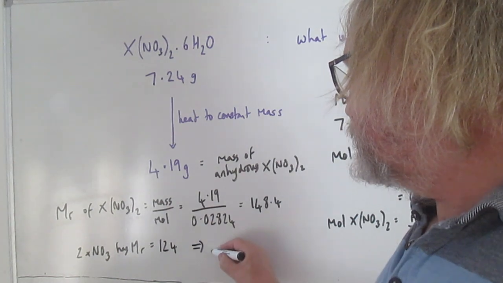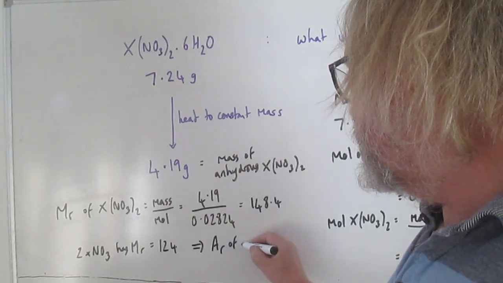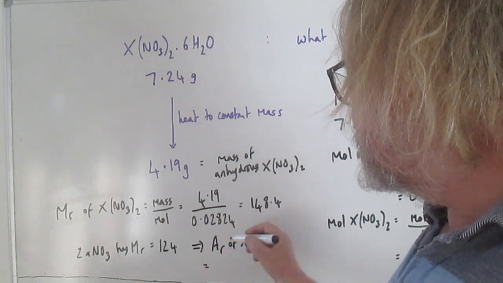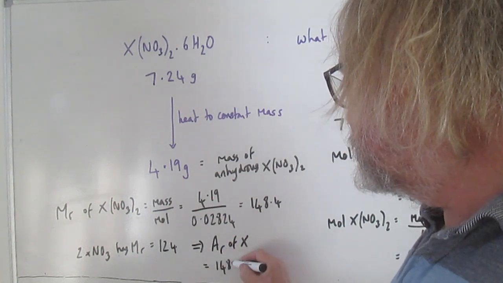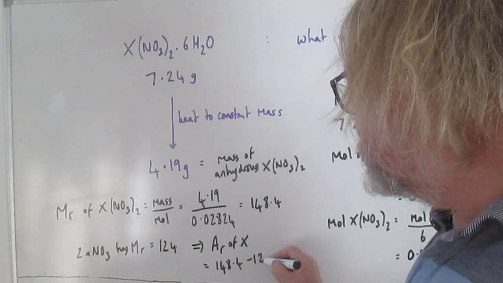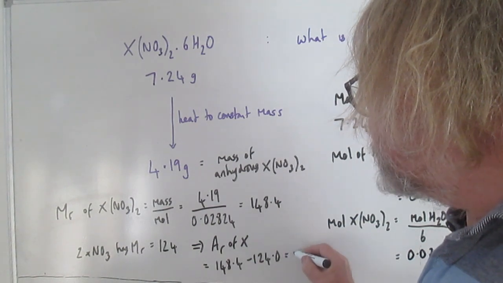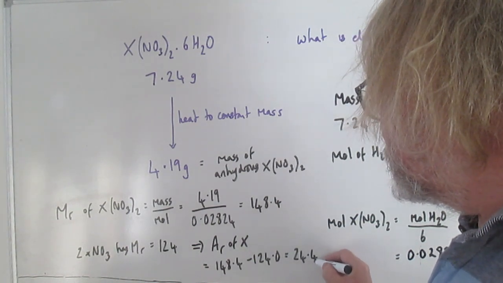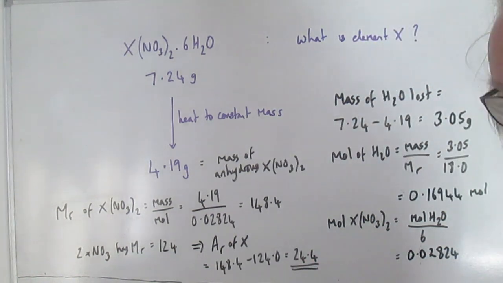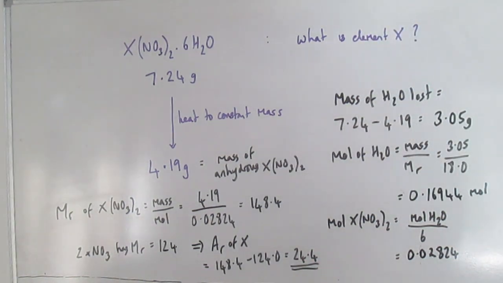So that means that the Ar of X is the total 148.4 minus 124.0, which is 24.4. So then you just go to your periodic table and you find the appropriate element which has an Ar closest to 24.4. I say appropriate element because you've got to make sure that it makes sense.